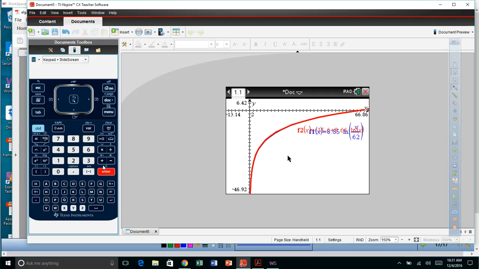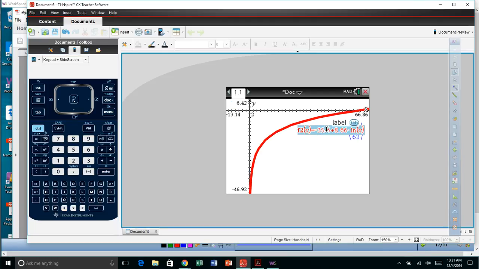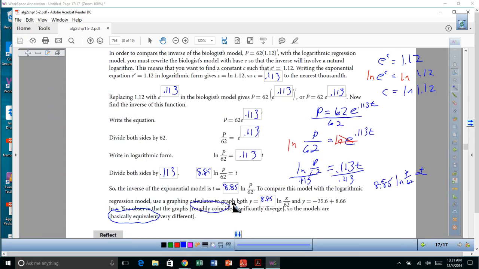And then see they're right on top of each other. They're so close. I mean, you can barely see any white space between them. So doing it by hand, you get real close to what the calculator would give you. All right.